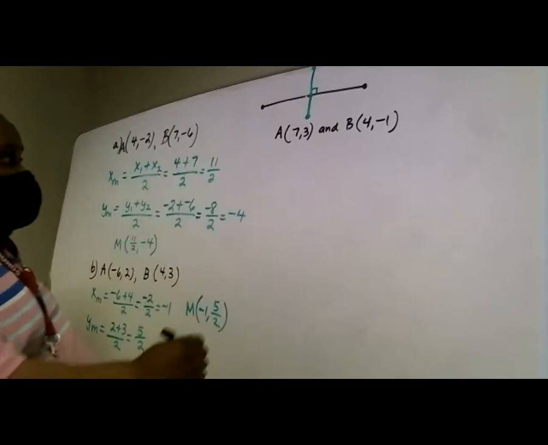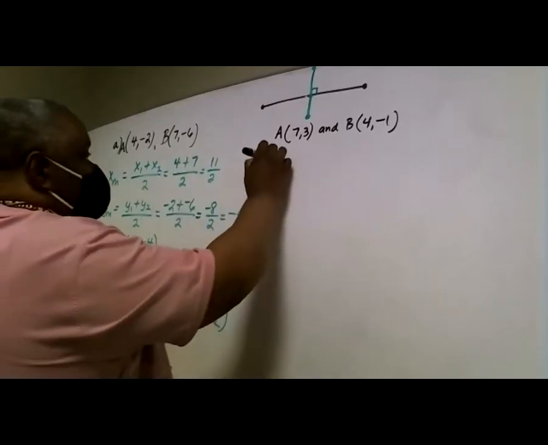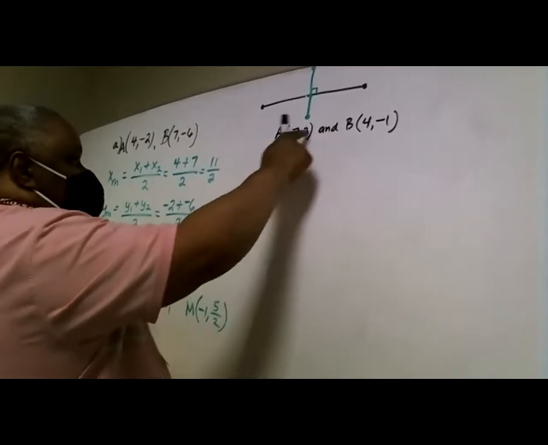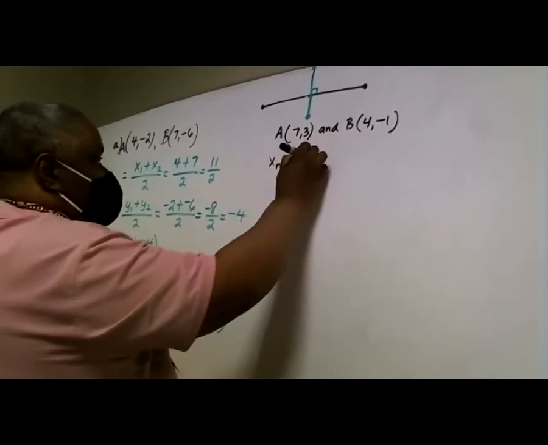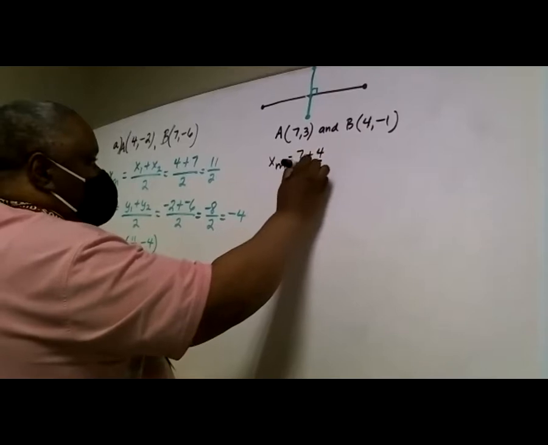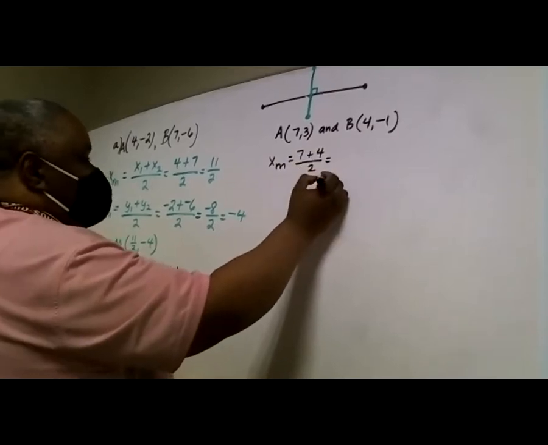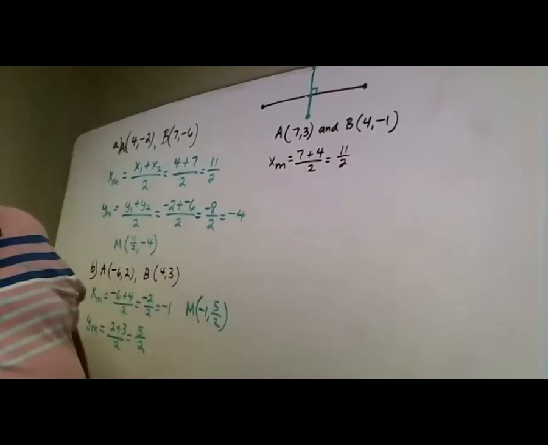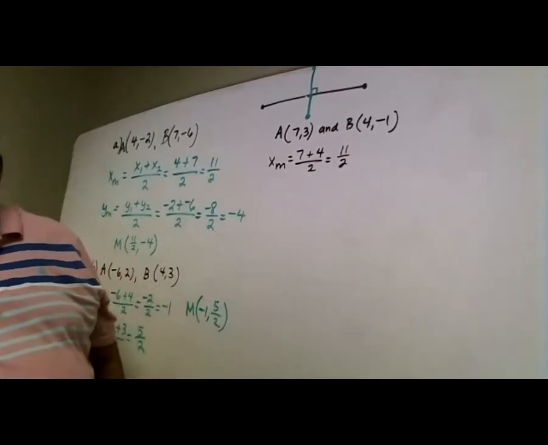That's the point in the middle of A and B. For the x-coordinate of the midpoint, we do 7 plus 4 divided by 2. 7 plus 4 is 11, and we'll leave it as 11/2.